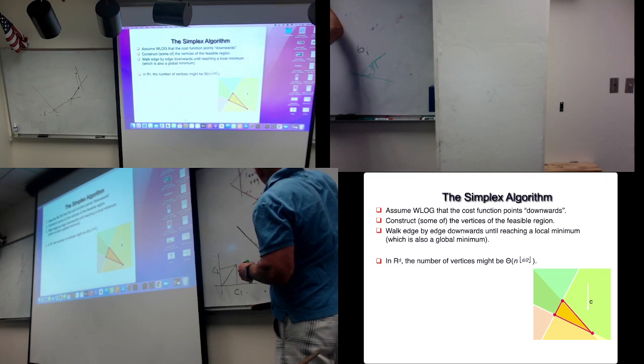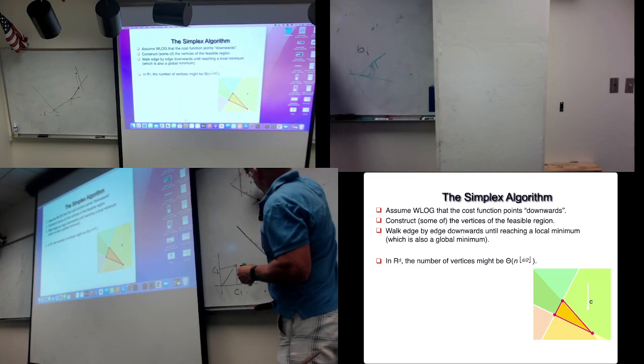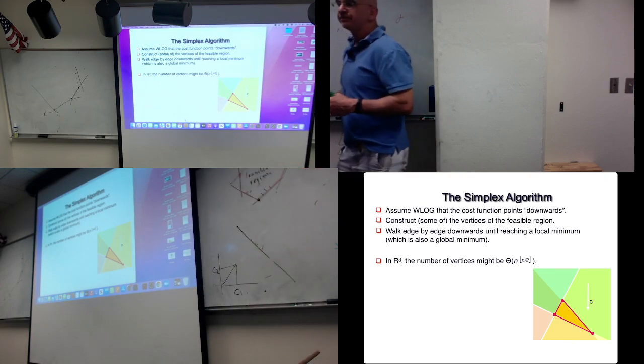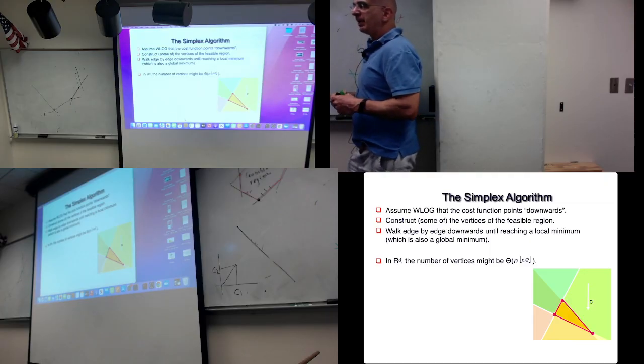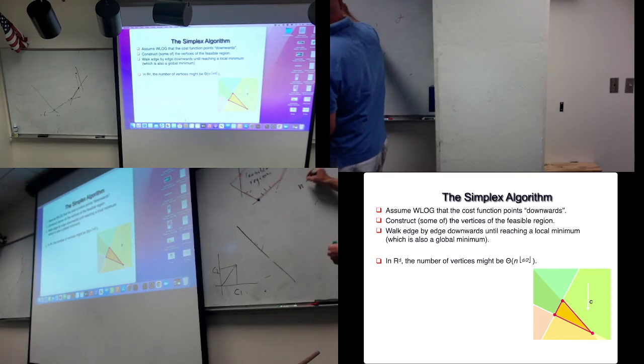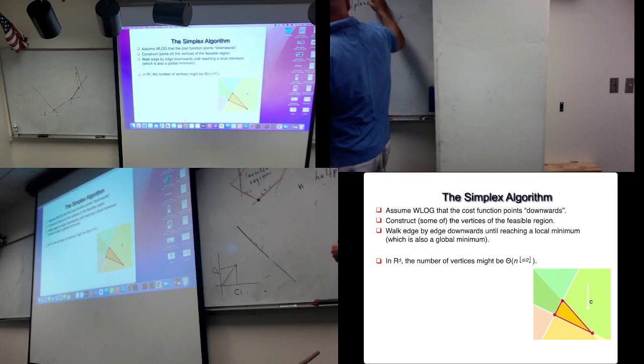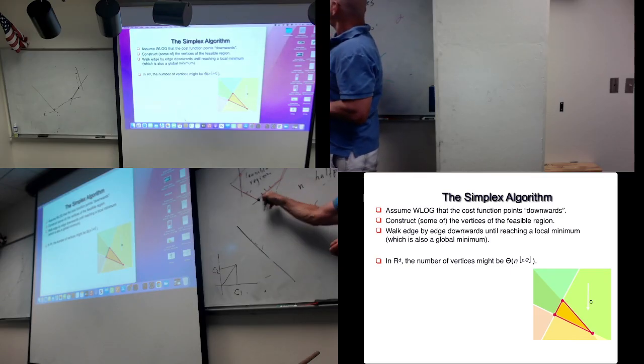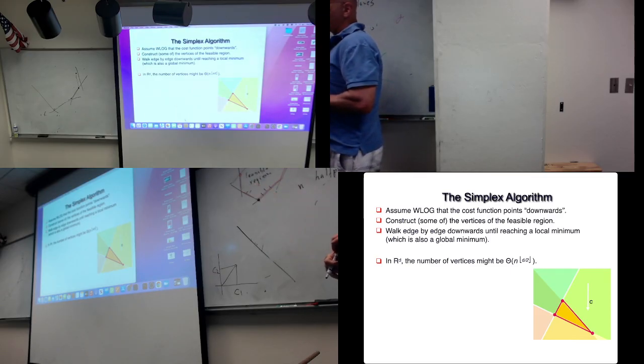Here is my intersection of all these half planes. It's a polygon, a convex polygon. How many edges does it have if I have n half planes? How many edges, how many vertices do I have? It's the same number in a convex polygon.